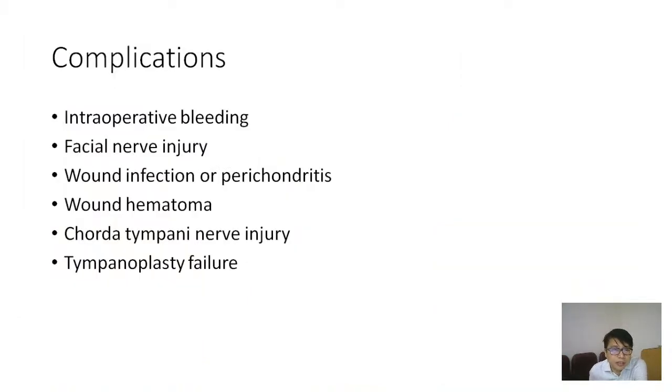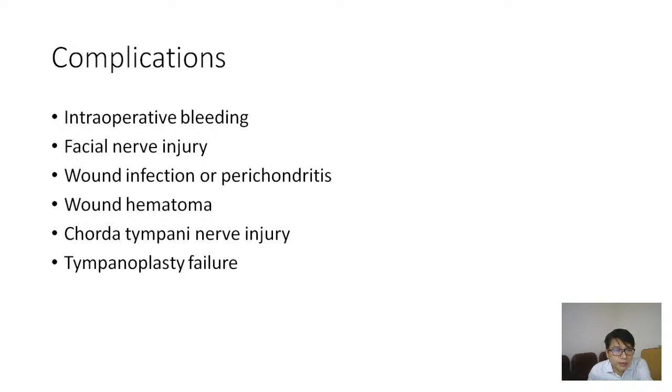The complications are these. Since we are dealing in the middle ear, in any middle ear surgery the facial nerve is very close in relation to the ossicular chain, so if the facial canal is dehiscent and we are not careful about manipulating the instruments in the middle ear, then we can injure the facial nerve. Second, if we don't maintain strict OT sterility, it can end up causing perichondritis from where we harvest the graft, or it can cause hematoma.